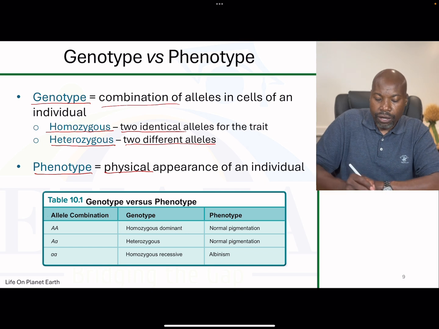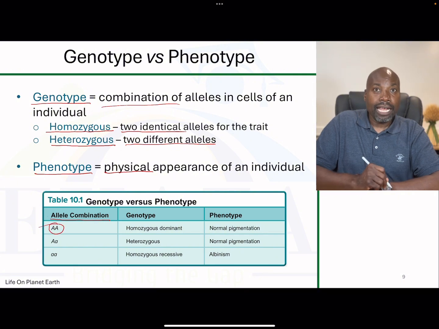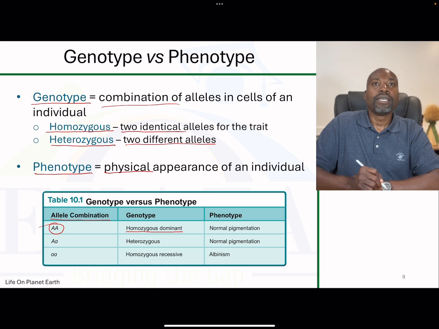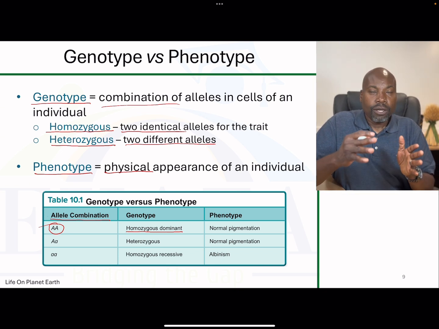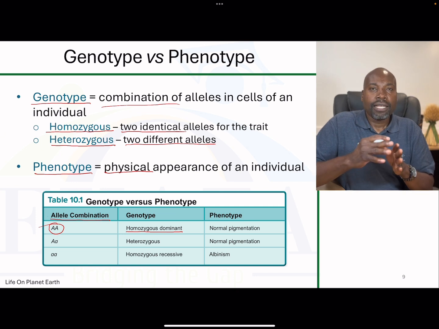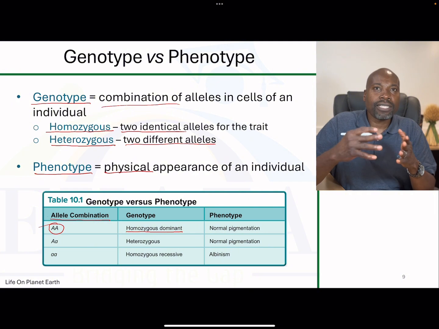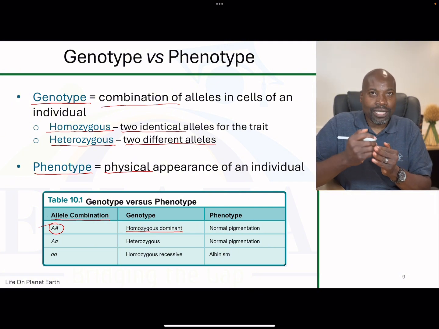For instance, now, when we look at allele combinations, if an individual is capital A, capital A, that means that this individual is homozygous dominant. Now, in basic genetics, we always represent the allele that is expressing with a capital letter, while the allele that is not expressing, we always represent with a lowercase letter.